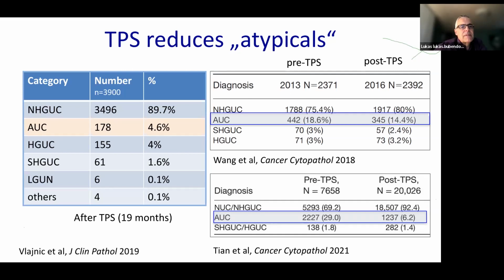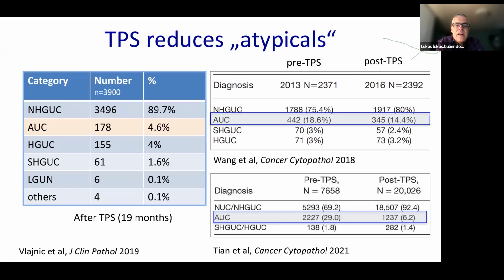And the prevalence of AUC was 0.6%, so it was less than 5, which is quite satisfactory, I find. And there have been other studies comparing results from the pre-TPS to the post-TPS prevalence. The upper study showed there was at least a reduction from almost 19 to 14, which is not yet ideal. I would say 14 is still too high.